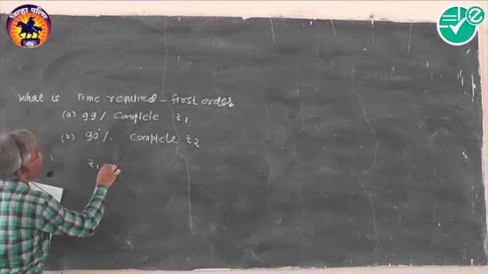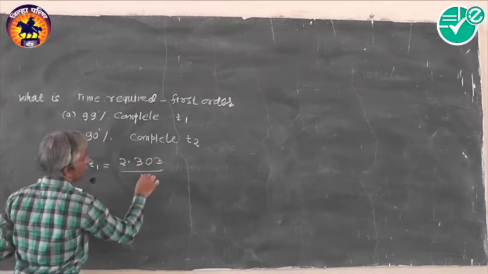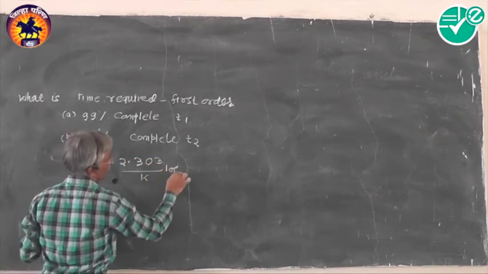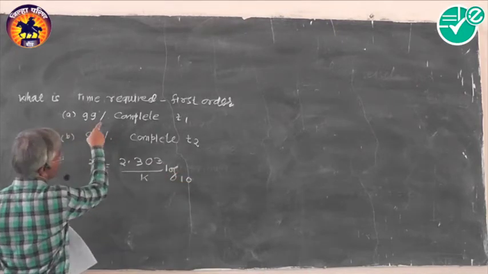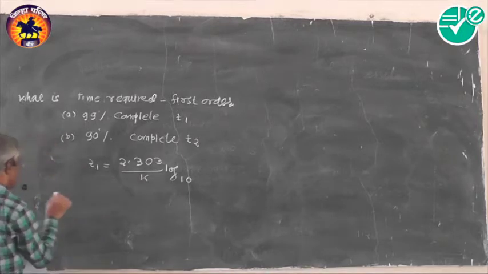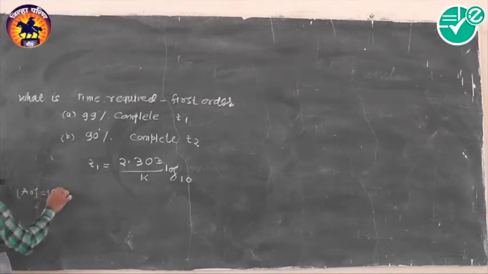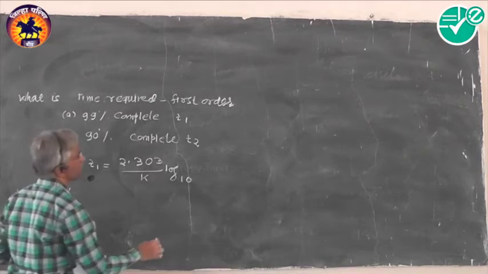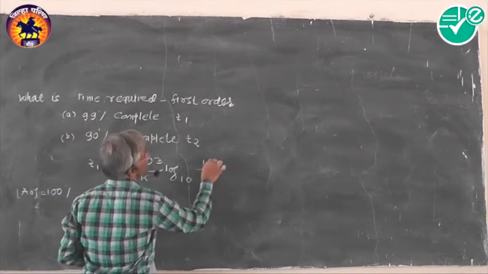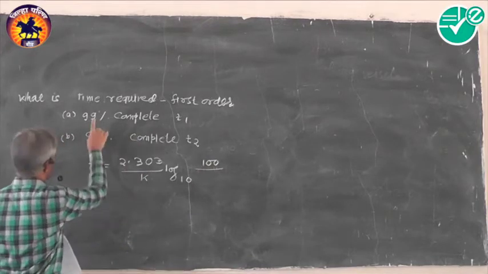Therefore T1 will be equal to 2.303/K log to the base 10 of a0/a. Now it is 99% complete. When they use the word percentage, then the initial concentration should be considered as 100%. Therefore it will be 100 here, and 99% is completed.